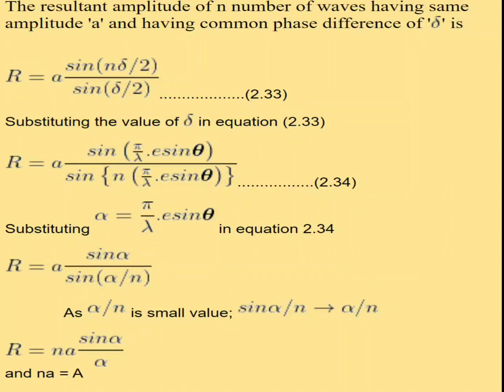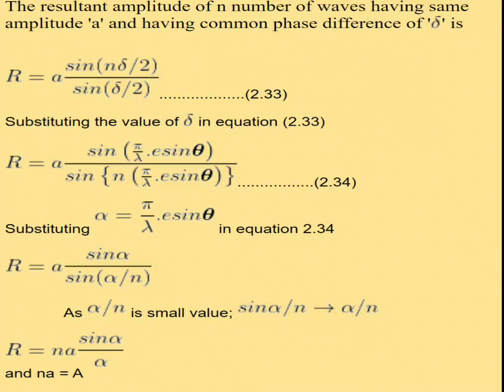So here if alpha by n value is very small, then sin alpha by n can be written as alpha by n. For example, sin 0 value is 0. That means as theta is very small, sin theta is equal to theta. Like that, as alpha by n is very small, sin alpha by n can be written as alpha by n.